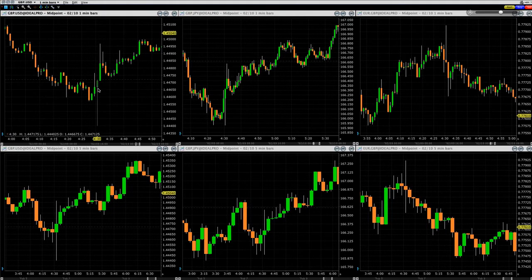So if you go long here at 1.4471, and you put your stop loss at the low of this candlestick, which is 1.4440, you actually risk 31 pips. So in order to get at least a 1-to-1 risk reward ratio, the price has to go up to 1.4501.